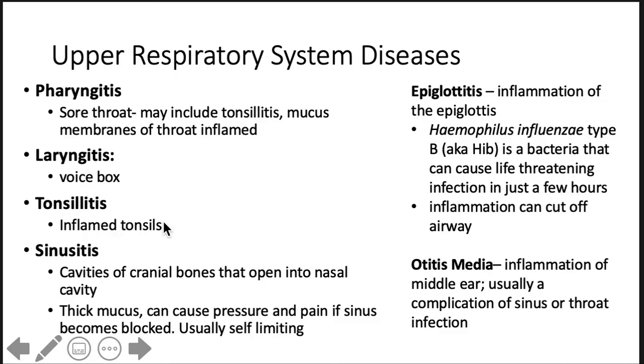Tonsillitis, inflamed tonsils, sometimes is accompanied with full-blown pharyngitis, fever, etc. And other times people have recurrent bouts of inflamed tonsils that aren't really associated with fever or any other cold or flu-like symptoms other than the swollen sore throat.